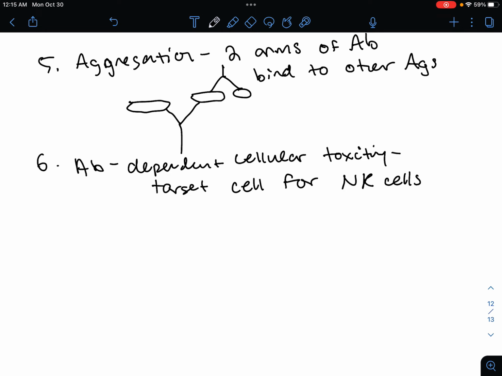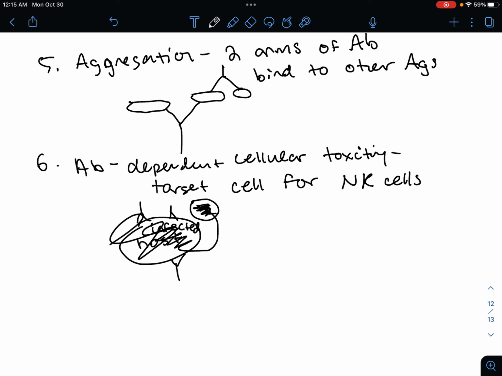These are going to be going to an infected self cell. So host, infected, and then we have the antibodies around there marking this infected host cell, and then we have a natural killer cell with all those enzymes, acids, whatnot, and it's just gonna really blast that host there, the host cell that's been infected.